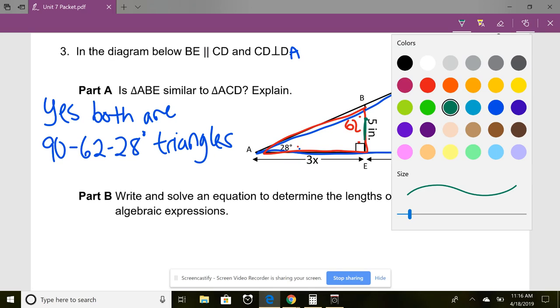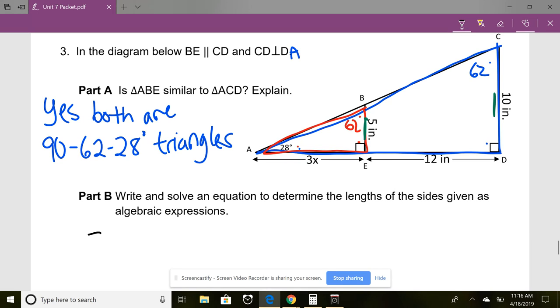So remember, a proportion is an equation with two fractions equal to each other. So the 5, which is of the smaller triangle, and the 10, which is the bigger triangle. In the smaller triangle, we have 3x.